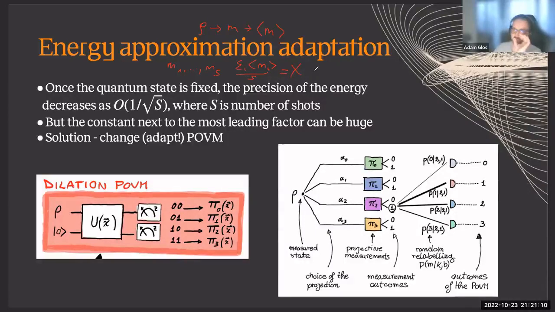But if we forget about the quantum origins of this random variable, then we could consider this as a classical random variable from which we sample many times. Therefore, we can use the central limit theorem, and we can say that for sufficiently many shots, this random variable x will behave like normal distribution with some mean and variance sigma squared.